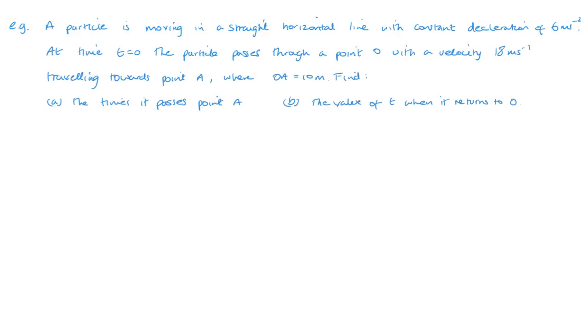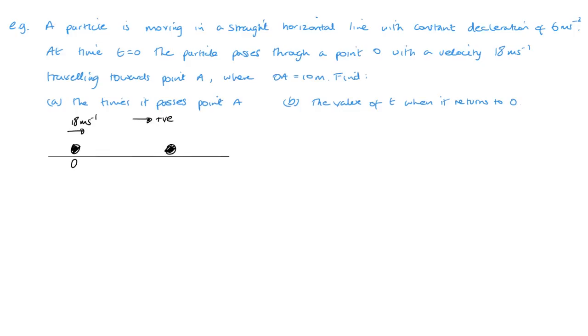So my first step is, as always, draw out a little sketch of what's happening. So my particle here is at point O. This is 18 meters per second. I'm going to take this as my positive direction.